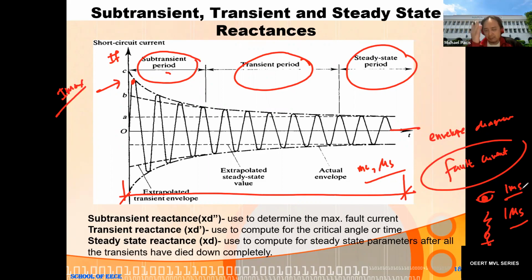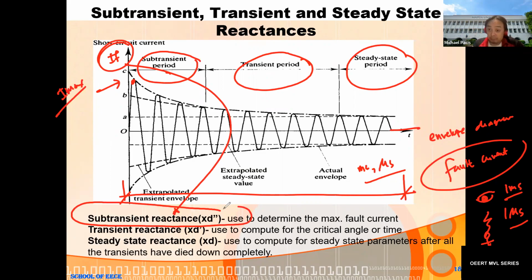Kaya in this case, napapansin ninyo, in terms of post-analysis, short circuit, meron kang envelope curve. Ganyan siya. Kahit sa stability analysis. But the moral lesson of the story is, in terms of fault current, we allow the computation of the fault current by using the sub-transient reactance.